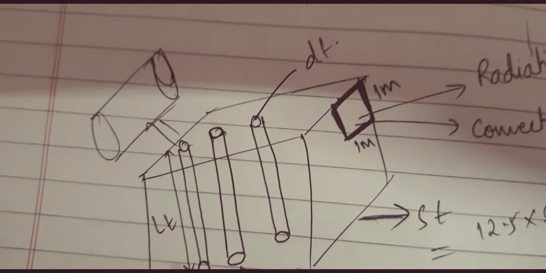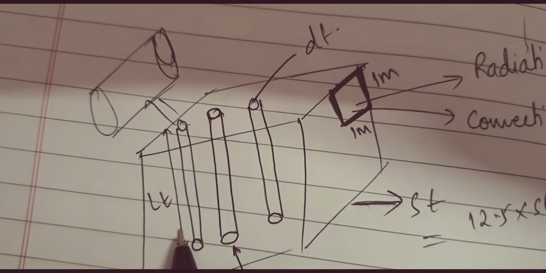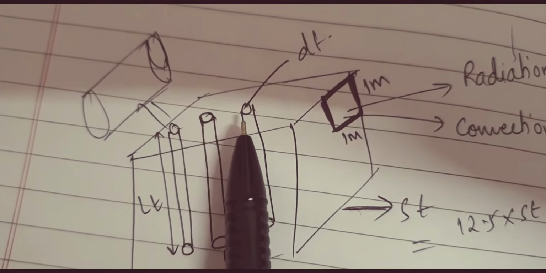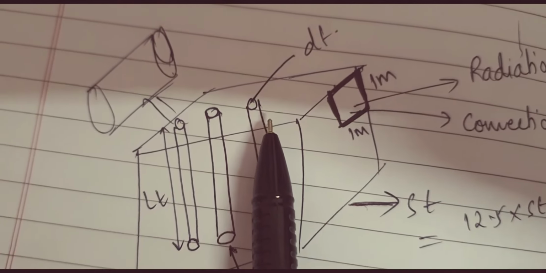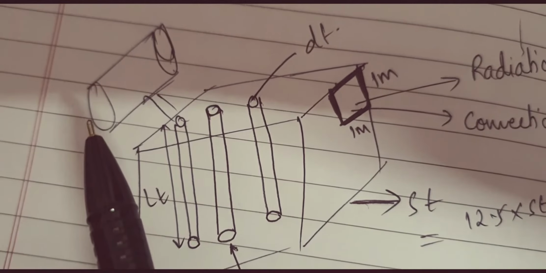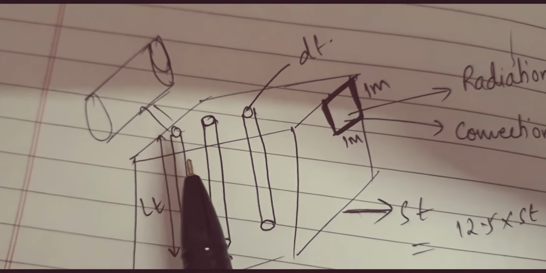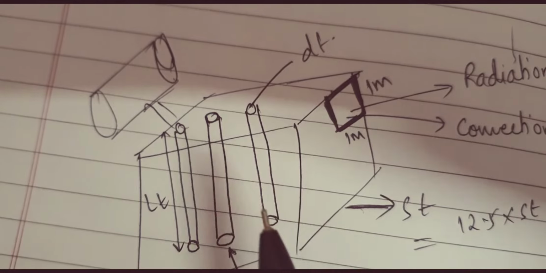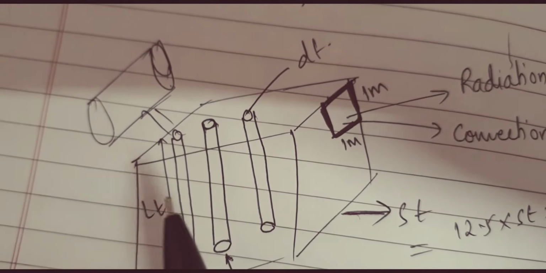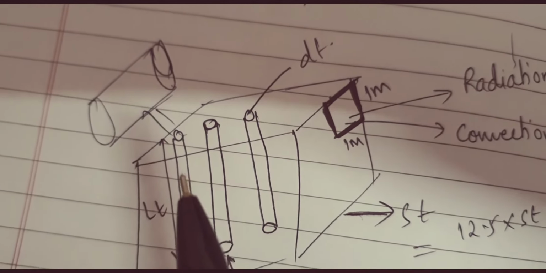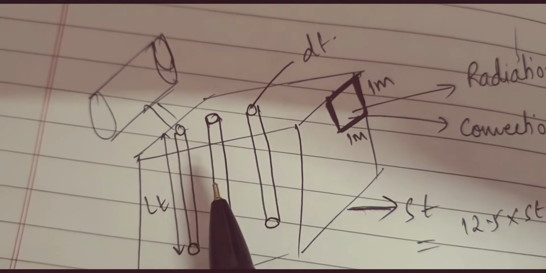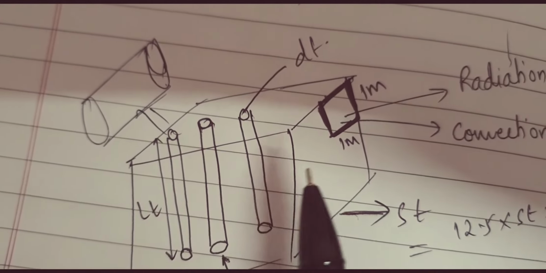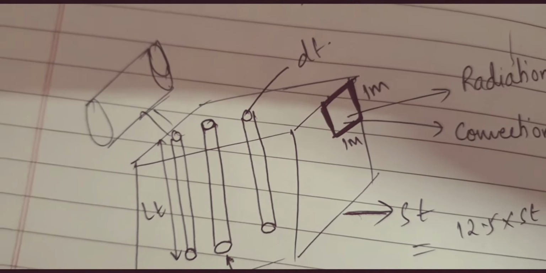So here you can see that LT is nothing but the length of cooling tube and DT is nothing but the diameter of cooling tube. So the surface area can be given as pi DL. So I can write the total losses occurring due to these cooling tubes as 8.8 into AT into theta.